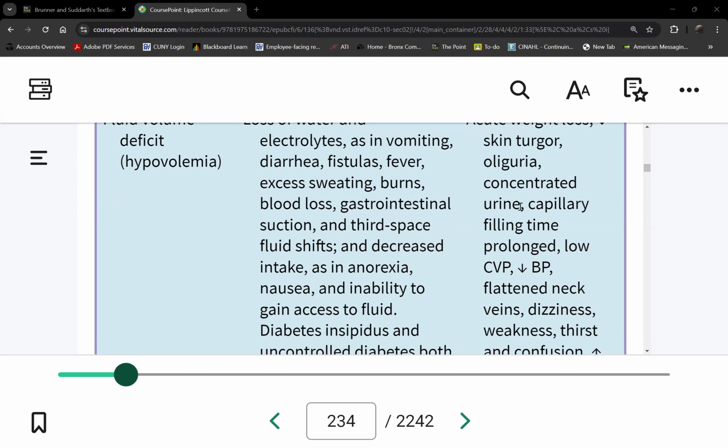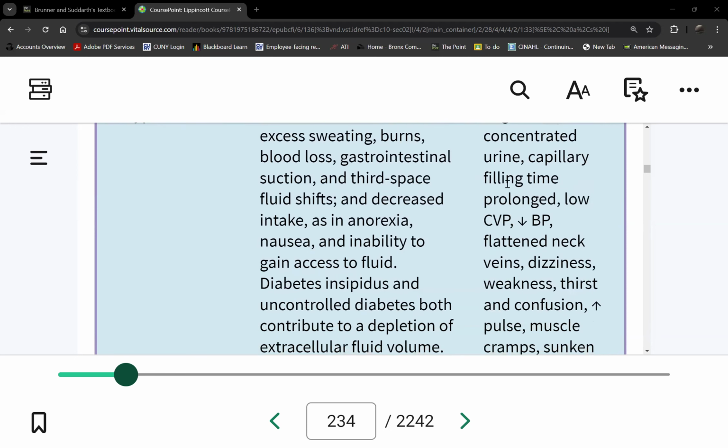Concentrated urine, that means what happens to specific gravity? High, low, or normal? High. Capillary filling time, that means capillary refill is over or less than 3 seconds?